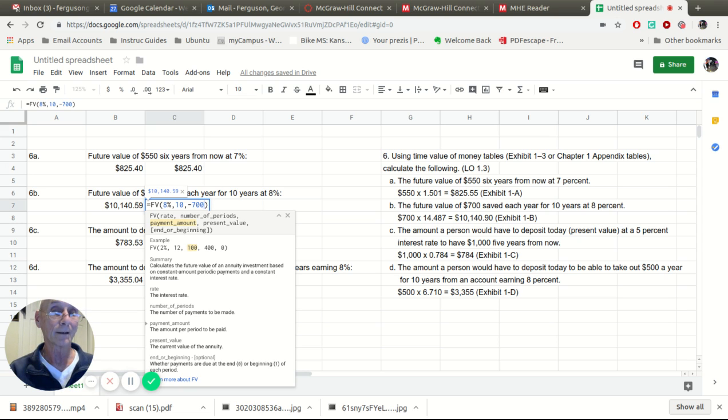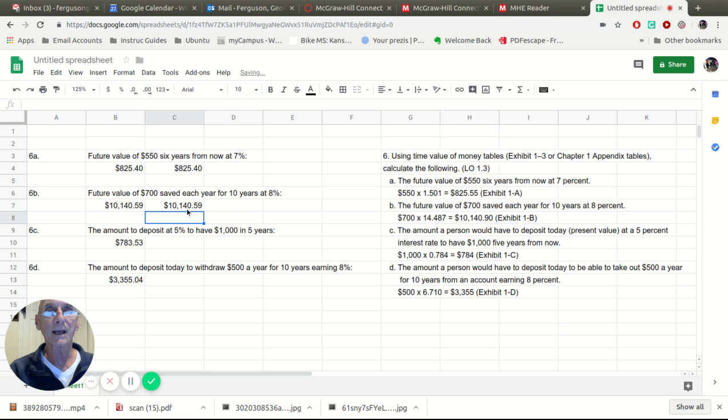All right, comma. Present value. In other words, I'm starting off, I have nothing in there, it's 0. And you can see it's already calculating it for you. Press enter. You get the 10,140. Again, you're going to get a little bit of a rounding error between the tables and the formula. Close enough.